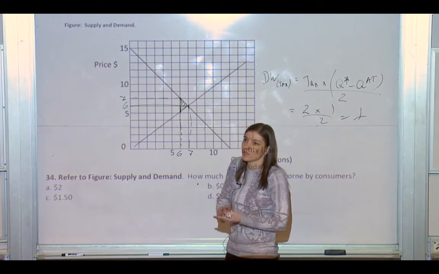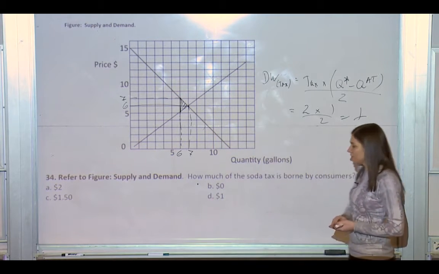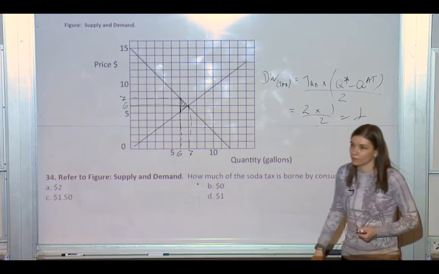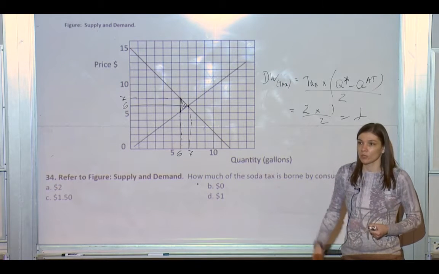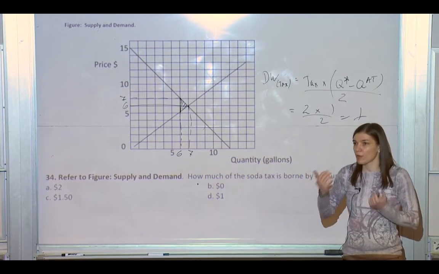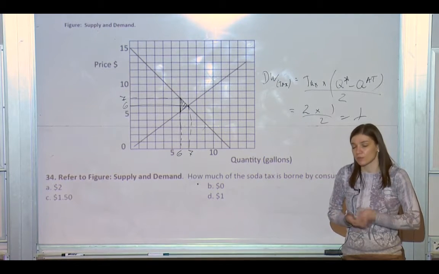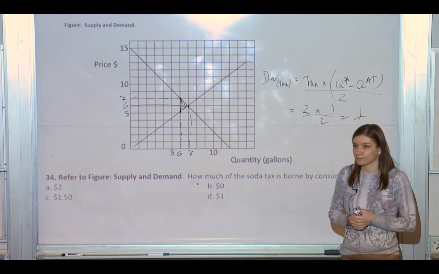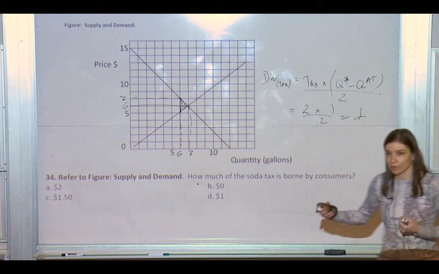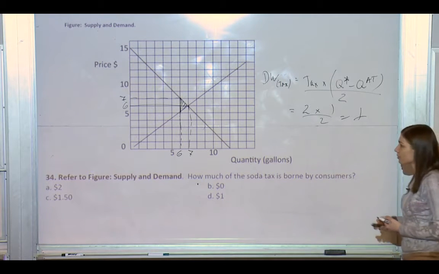So it's kind of split in half here. Okay? So how much of the soda tax is borne by consumers? $1 of it. Or it could have been, what is the tax incidence on consumers? You know, it's about 50%. Right, so they seem to share equally in the tax in this example.